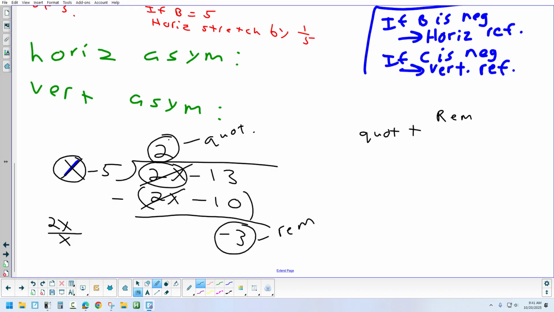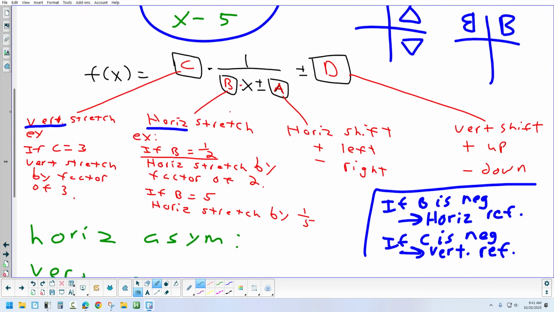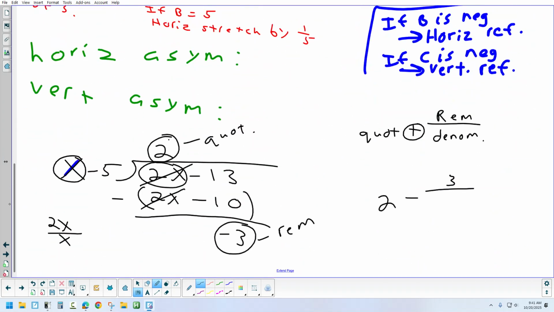Could be minus remainder if your remainder was negative, but quotient plus remainder over the original denominator. So my quotient is 2. My remainder is a negative number, so this is going to end up being a minus. Minus my remainder over my original denominator was x minus 5.